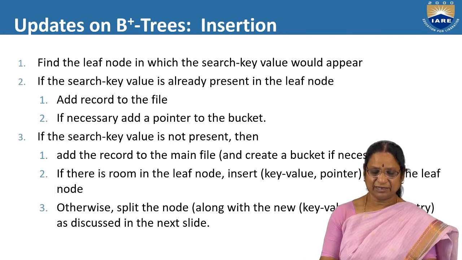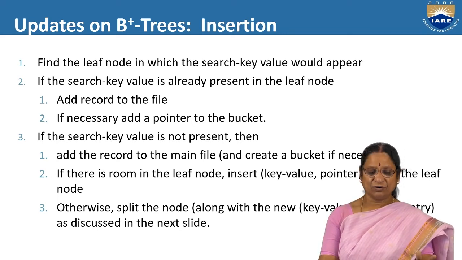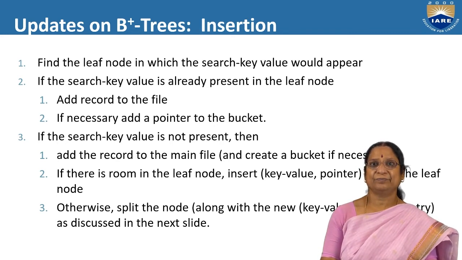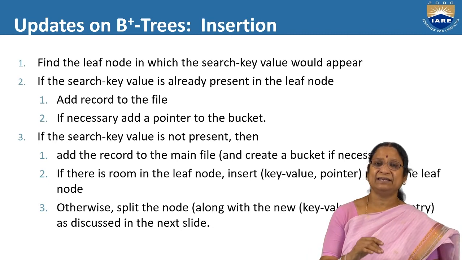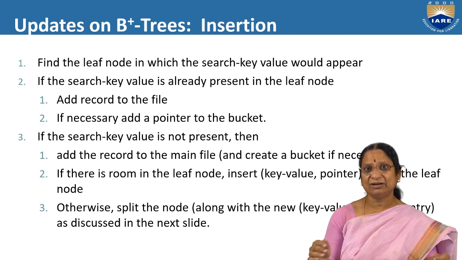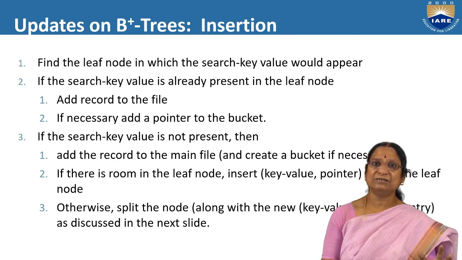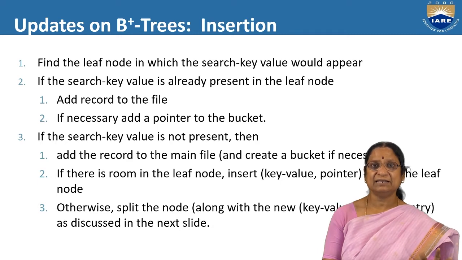If there is room in the leaf node, insert it with the key value and arrange them in sorted order. Otherwise, splitting of the node is considered. If the splitting of the node results in a split at the next higher level, that is the parent level, it has to be done. This process is continuously propagated upward depending upon the necessity, till the root.